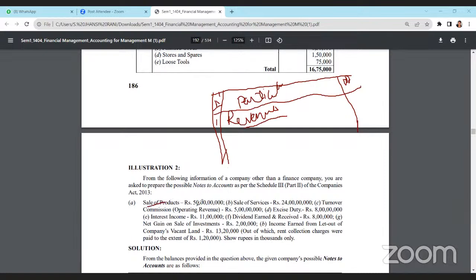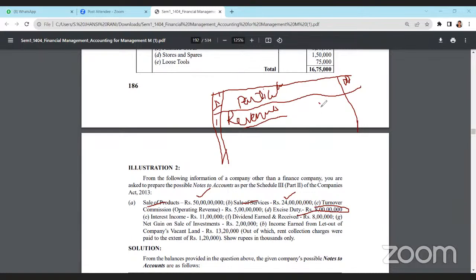Under revenue from operations, what are we selling? We are selling products, we are selling services, and also receiving commission on turnover. Turnover means nothing but the sales only. So sales of products is 5 lakhs, sales of services is 2,40,000, and turnover commission is 50,000. Even excise duty is there.